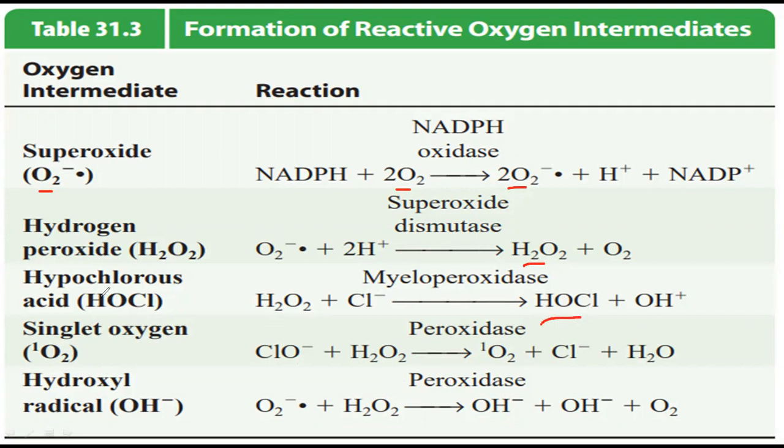If I want to show you how these superoxides destroy the microorganism: these superoxides are involved in the oxidation of the microorganism, and as we know, it oxidizes each and every component of the microorganism. Oxidation is very harmful for everything, even for the eukaryotic cell.